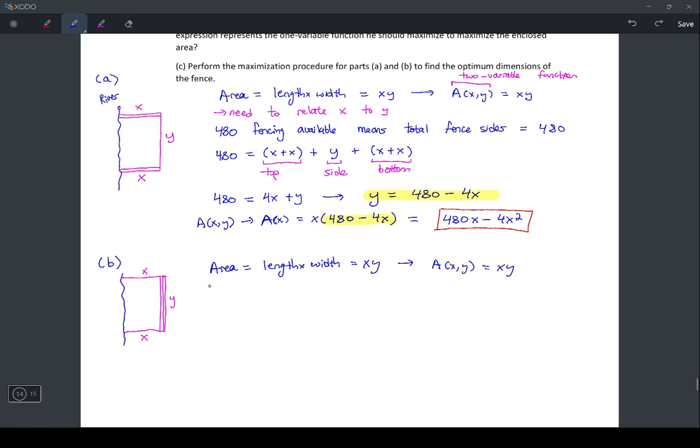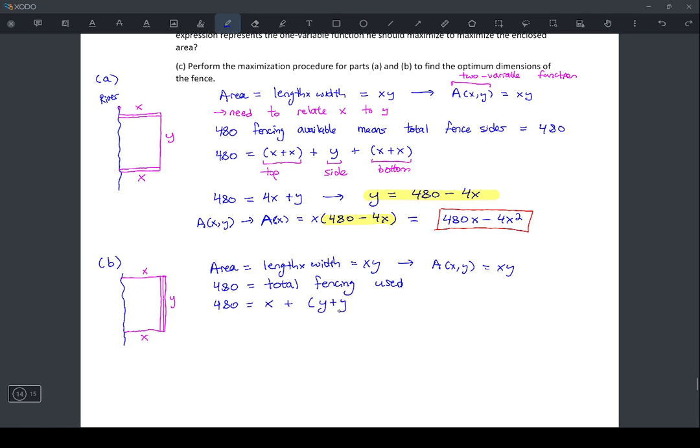We need to relate x to y, so 480 is equal to the total fencing used. So 480 is equal to x plus y plus y plus y plus x.